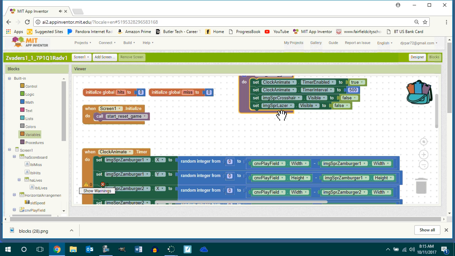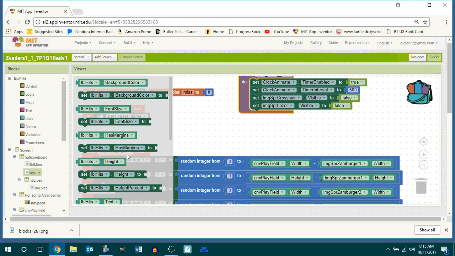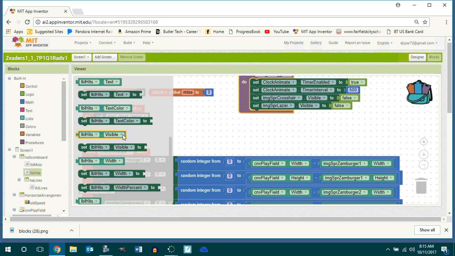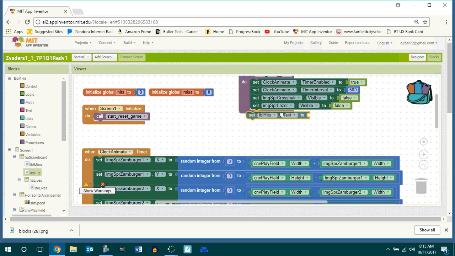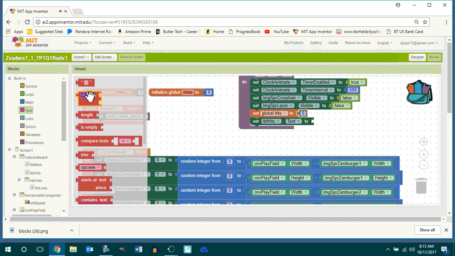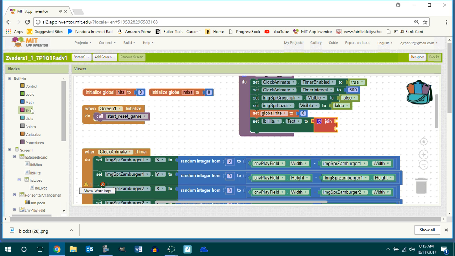And in the start game, by the way, you should be showing those. So let's go to LBL hits and miss right here and set its text. Okay, by the way, we should be resetting these back to 0 when you start the game. Hits is going to be set to 0. And then in here we have to go to text, join, and a text. We'll say hits, colon.